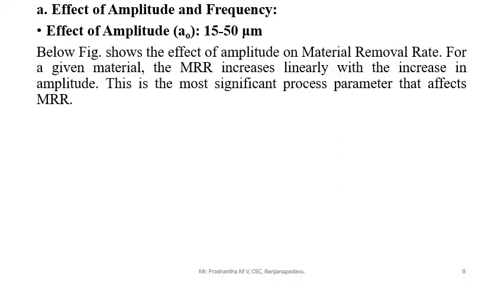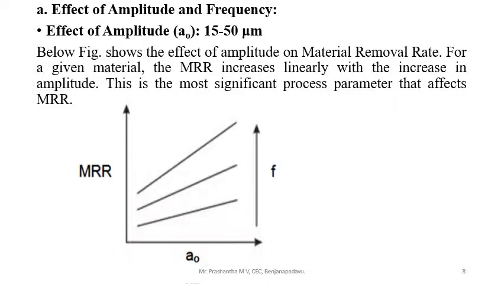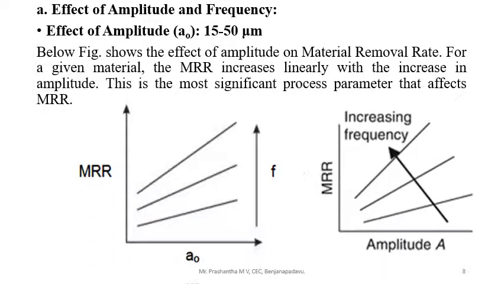First process parameter, that is amplitude and frequency. Effect of amplitude and frequency on material removal rate. Look at the figure. In x-axis amplitude and in y-axis material removal rate.